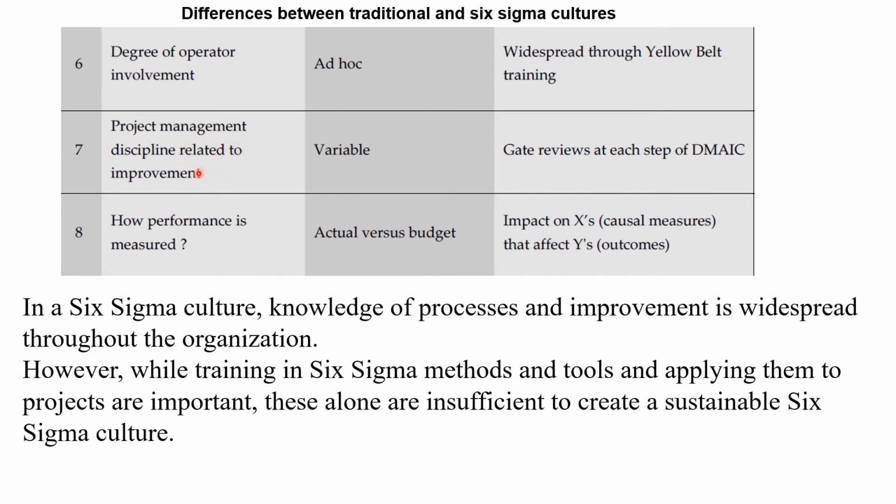For project management related to improvement, it is variable in traditional, whereas in Six Sigma it follows each and every step of the DMAIC methodology. For performance, traditionally it is measured as actual versus budget, whereas in Six Sigma it impacts the causal measures and outputs, depending on the X's and Y's. So in Six Sigma culture, we can improve the process throughout the organization. We have to train employees on various Six Sigma tools and techniques, and then continuously improve the process. This is the difference between traditional and Six Sigma culture.